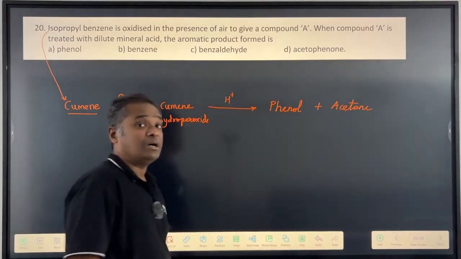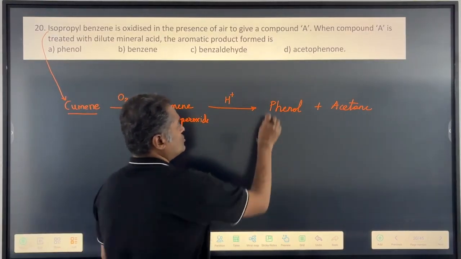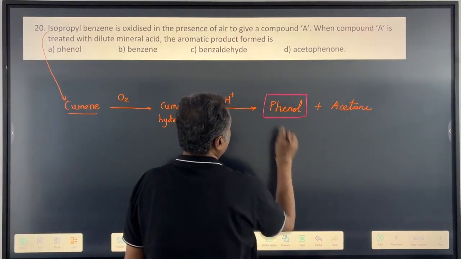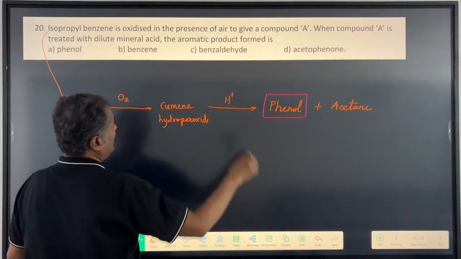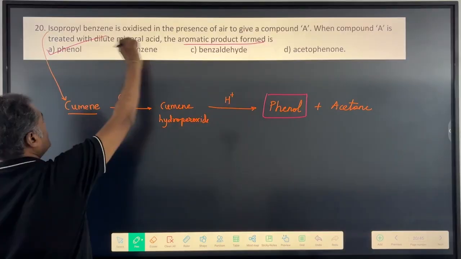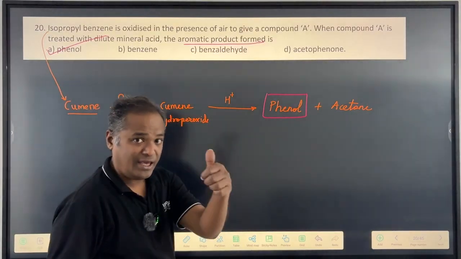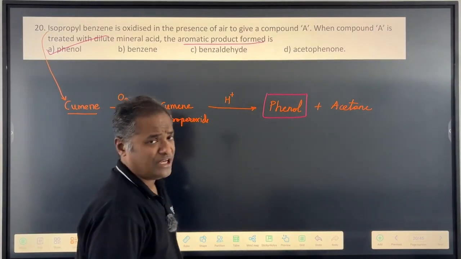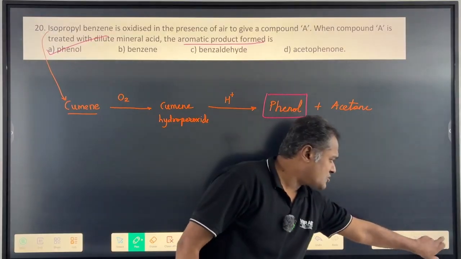This is one of the commercial methods to prepare phenol. So here, as per the question, the aromatic compound formed in the reaction is nothing but your phenol. So your correct answer is A. I hope this is clear, child. Let's proceed with the next question.